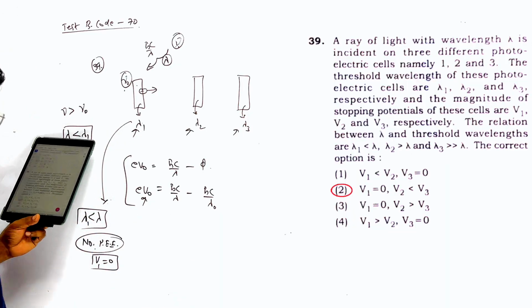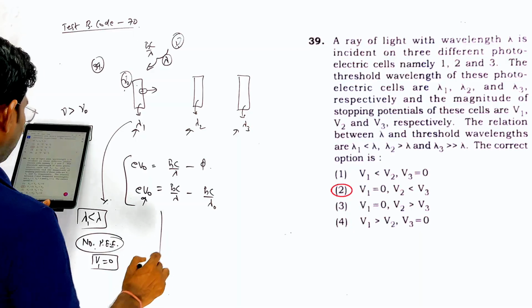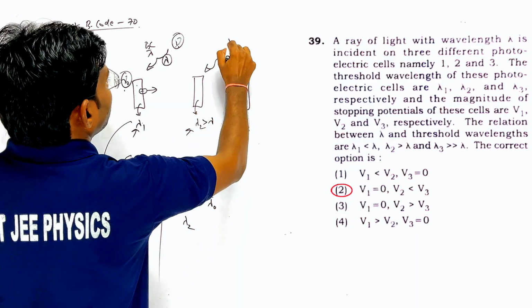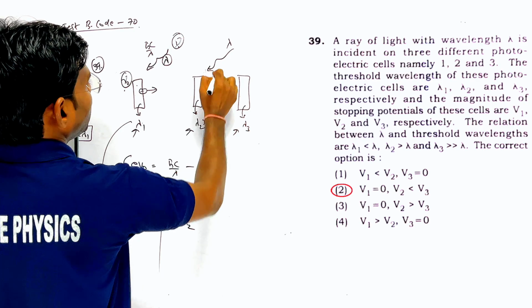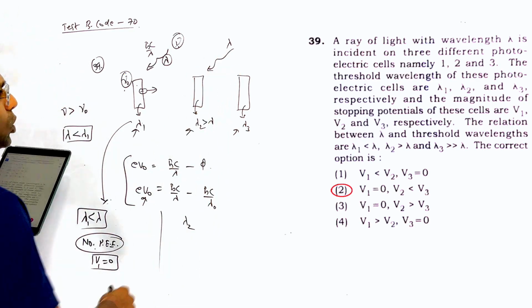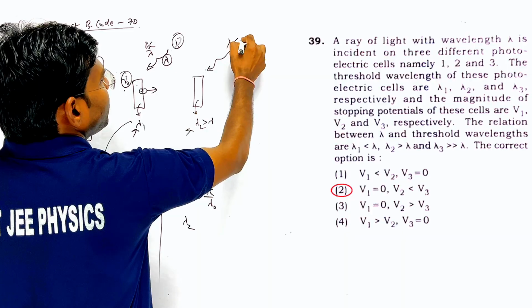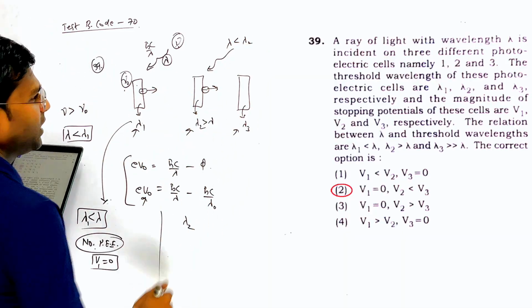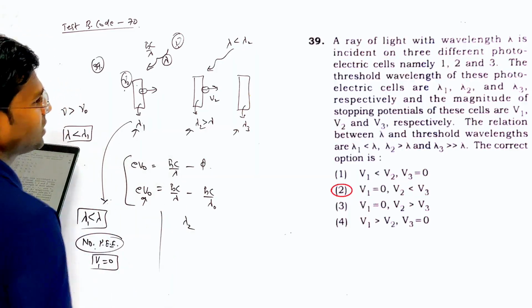Now we consider the other option, lambda 2. Suppose the wavelength of the incident light is lambda, and this lambda 2 is greater than this, right? So it means the incident wavelength is less than lambda 2, therefore the photoelectron will definitely emit and the stopping potential is V2.